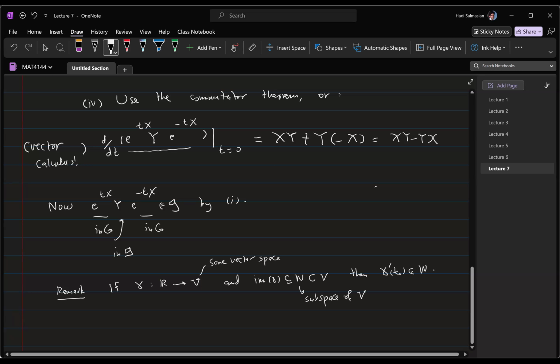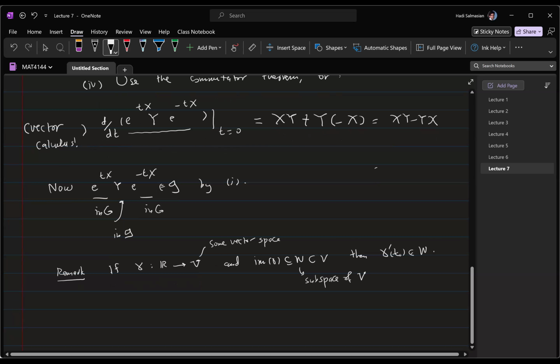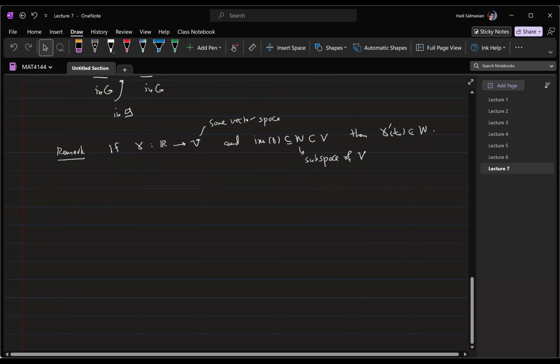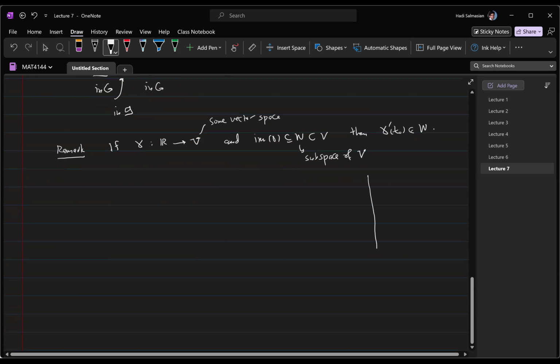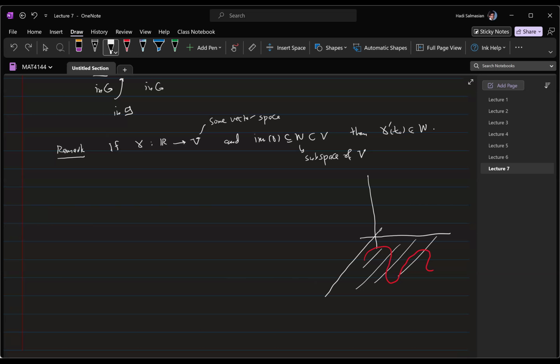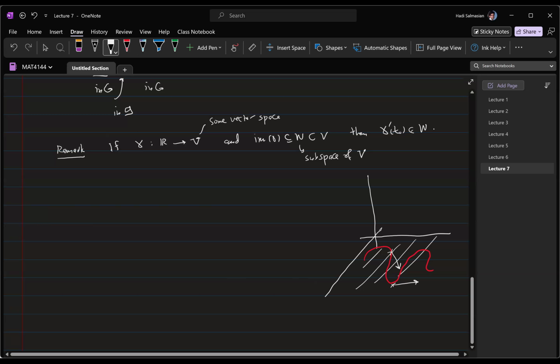This is clear because the tangent space is the same. It's easier to see in 3 dimensions: suppose I take a hyperplane and a curve which completely lies in this plane. The derivative means the tangent vector, and if a path lies in some hyperplane, the tangent vector should lie in that hyperplane. This is calculus again, okay?